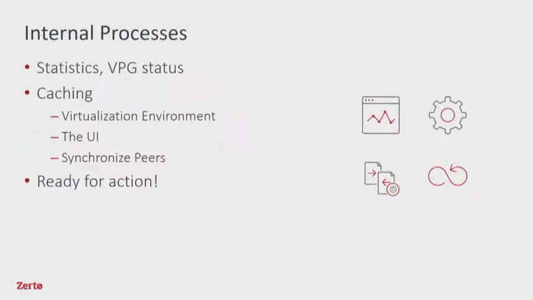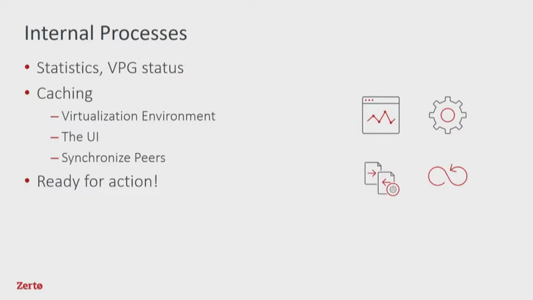The last thing that I want to speak about while being in steady state without operating the application are our internal processes. We receive all these statistics from the VRAs. We also have information that we collect, and together we validate that we fall within the SLA, or we know to set the VPG status.